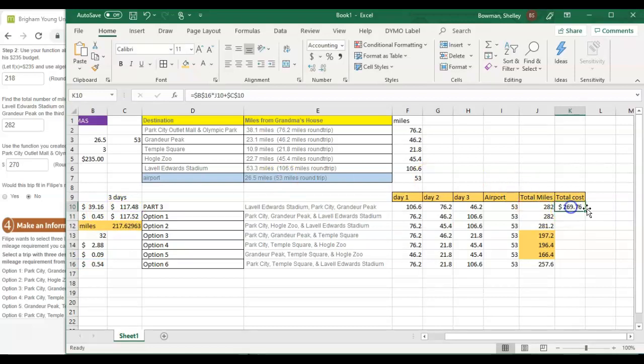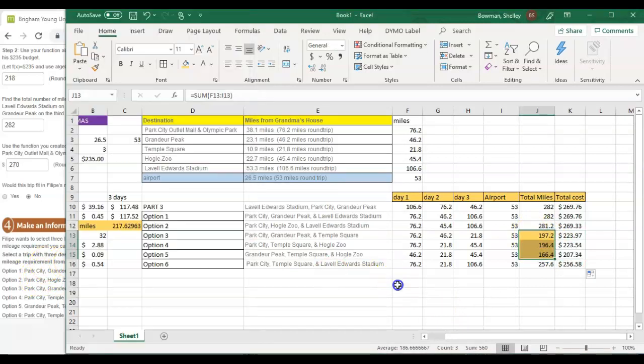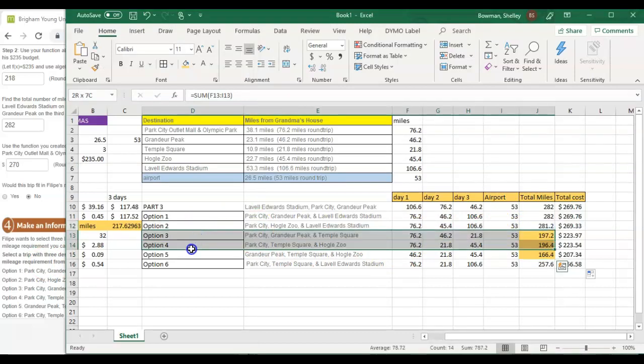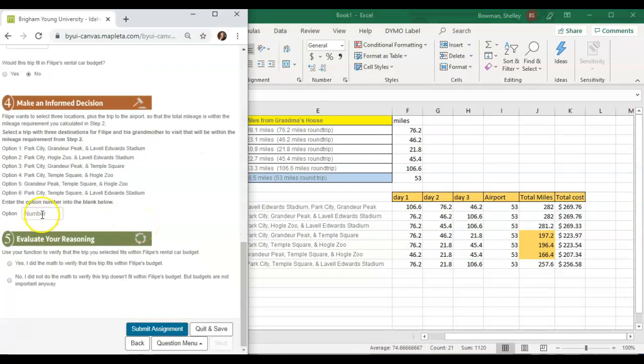This way I could then just see which one stays within his $235 budget as well, and that shows that these 3 also are the only ones, which confirms that these are the 3 options that I can choose. So over here I can choose options 3, 4, or 5. Coming down here, any of those will work, so we'll type in, what's our favorite? We'll do option 3.